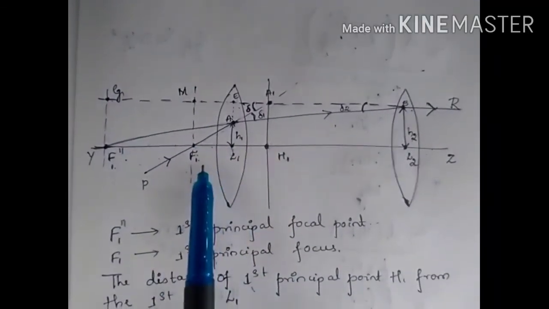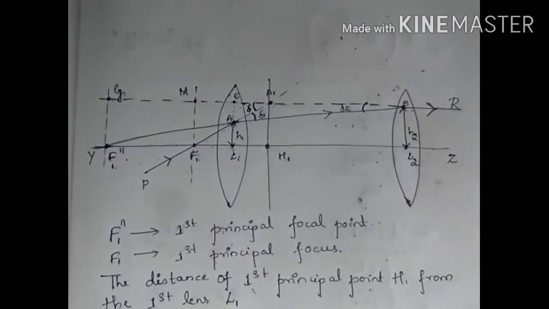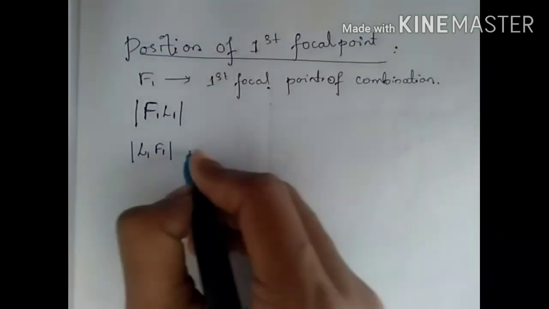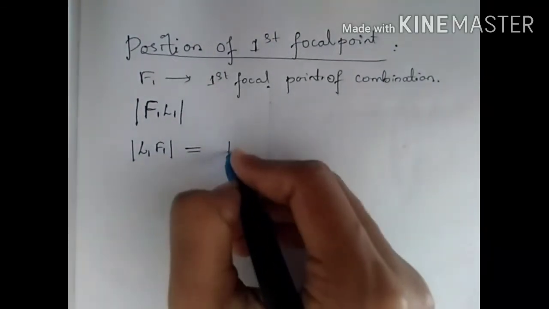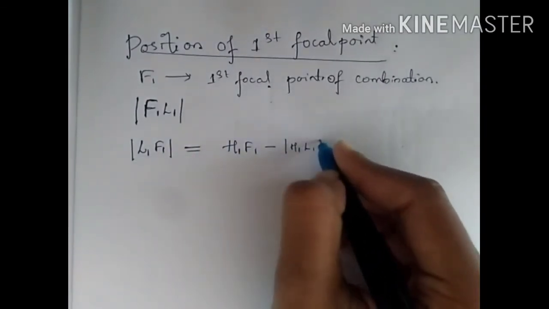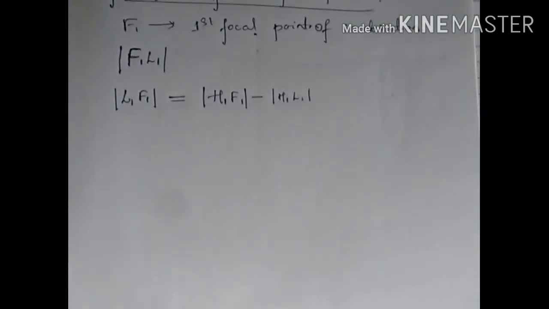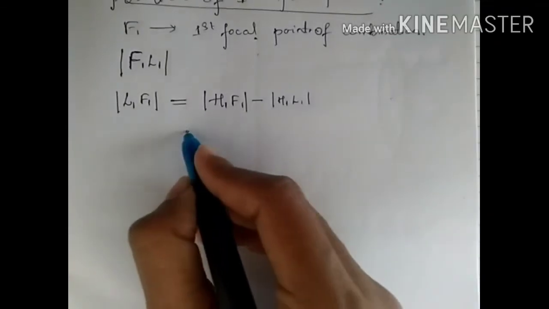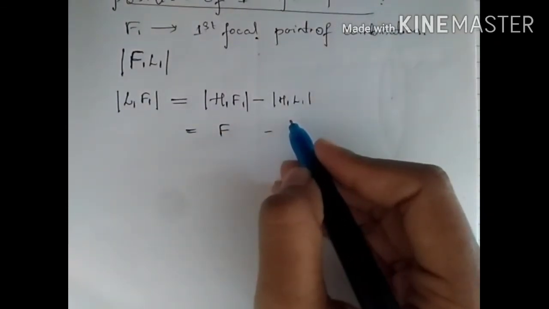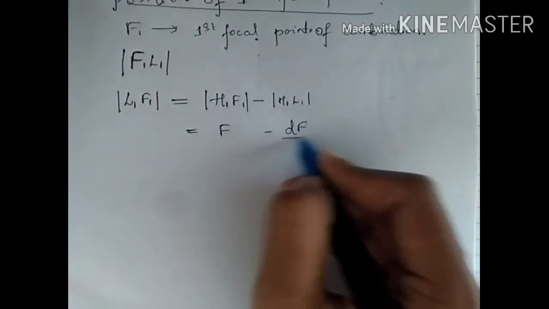So with this logic we can find L1 F1. So let us write that. L1 F1 magnitude can be written as H1 F1 minus H1 L1. This we understood from the diagram. Now H1 F1 is F and H1 L1 we found, that is DF by F2.